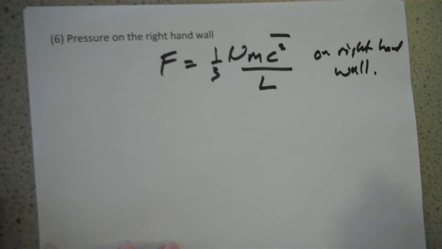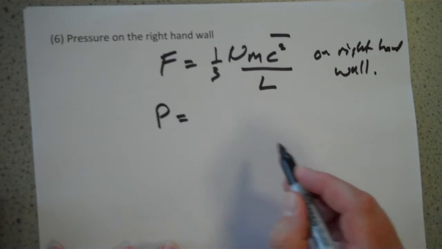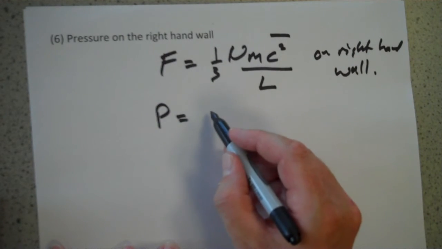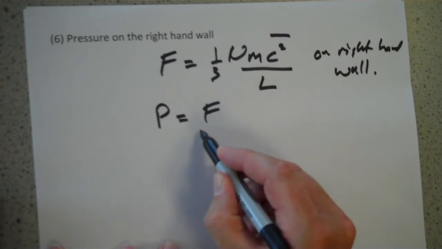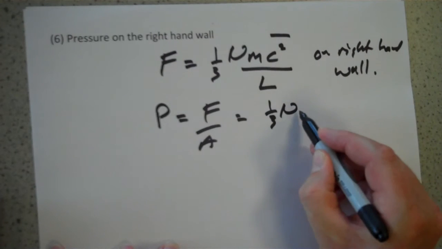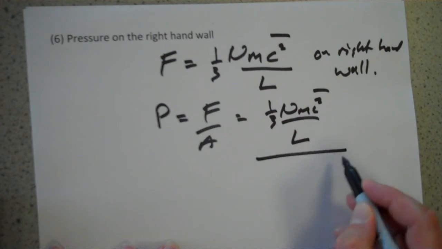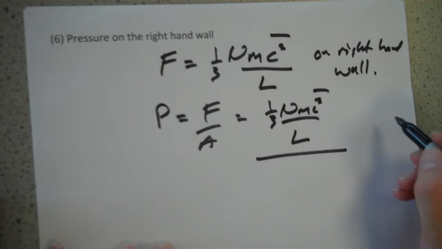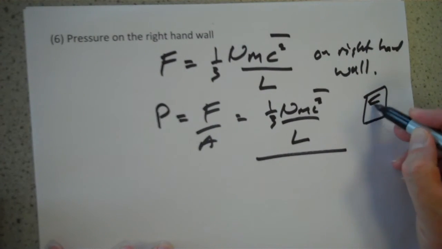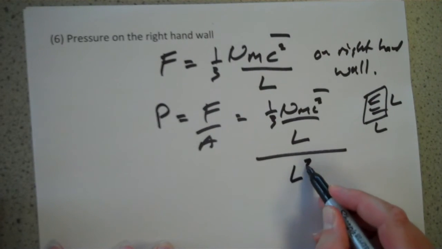But the derivation is for a pressure relationship, not force, but that's dead easy, back to sort of 12-year-old physics. Pressure equals force over area, so that equals the force, a third n m c squared bar divided by L, all divided by the area. Well, there's our wall and it's L by L, so the area is L squared.